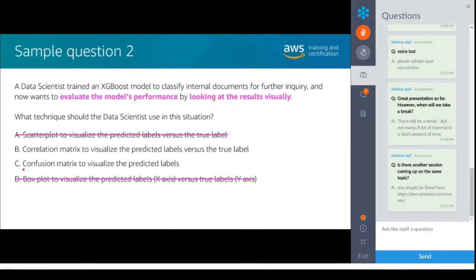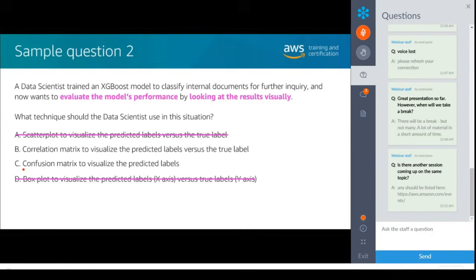So then we're down to a correlation matrix or a confusion matrix. A correlation matrix, remember, is to compare two variables together to see if they covary or not. So this correlation matrix may not help me here as much.